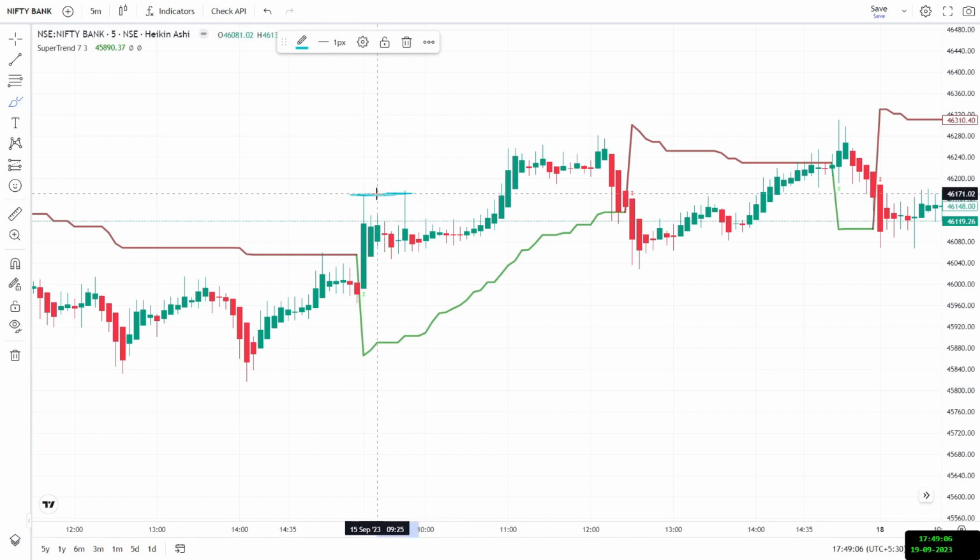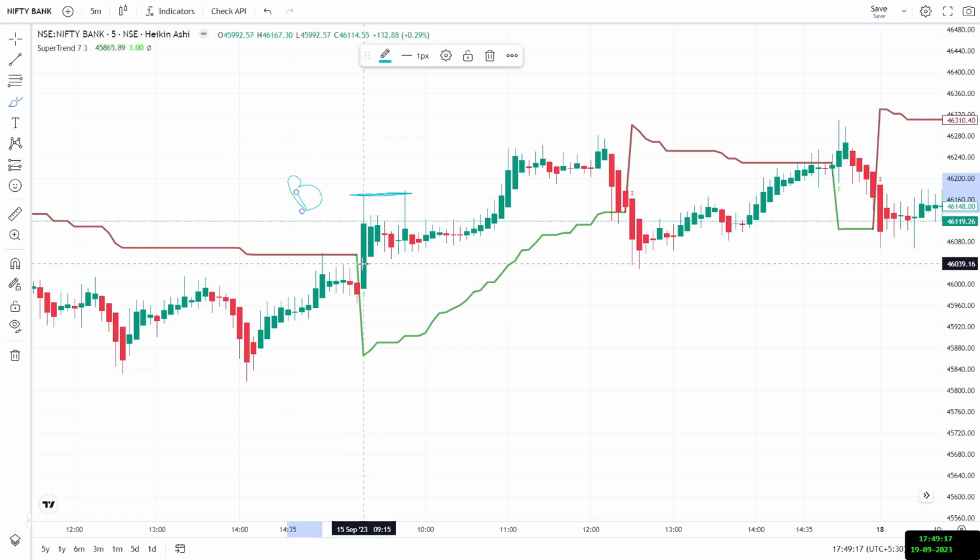So this is the price at which I will buy Bank Nifty. As you know, this is the right price. The high price is the correct price, but the closing price is not the right price, right? Because if you know the calculation of Heikenashi, if it's a green candle, you will get the high price as the correct value. So I'm going for the entry here, and then I have to keep a stop loss.